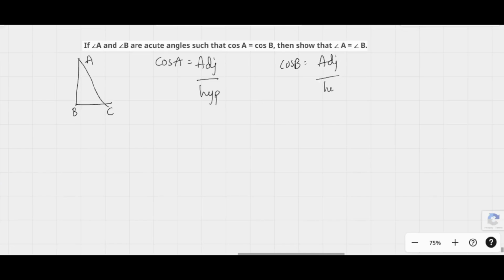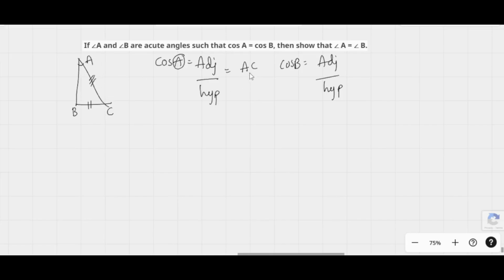Then what is the difference here? The difference is the angle. For angle A, the opposite side is BC, and the adjacent will be AC.